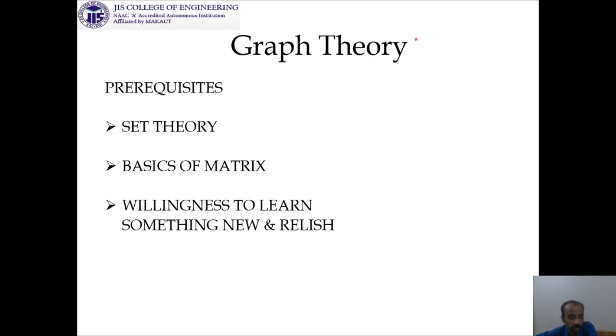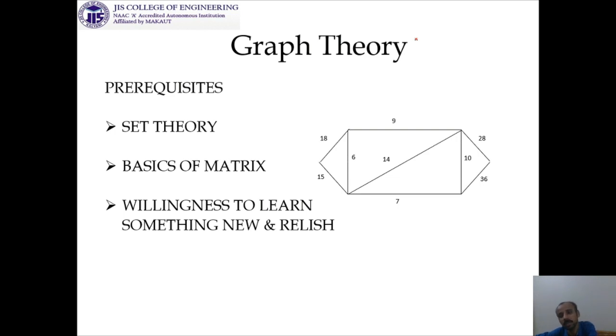You have to relish the topic, otherwise it is not going to be interesting, or you can't keep your concentration continuously on the topic. This is nothing but a symbolic representation, and when the classes go forward you will be able to understand the meanings of these indications.